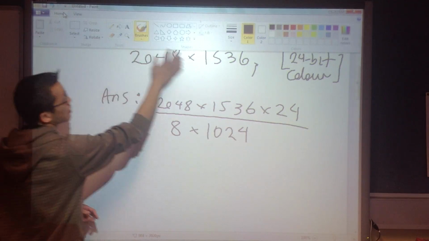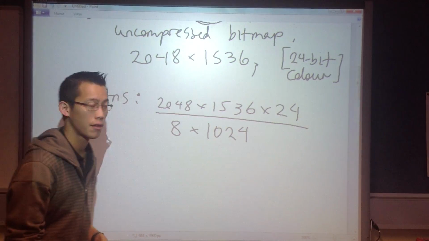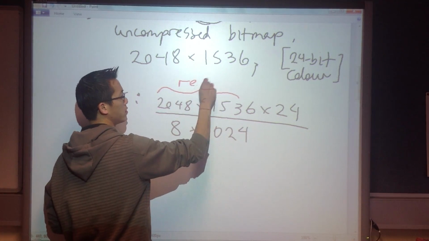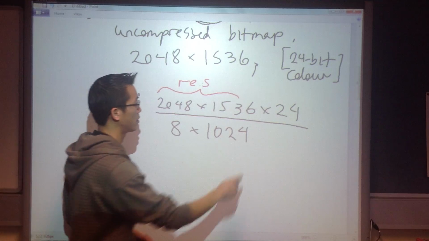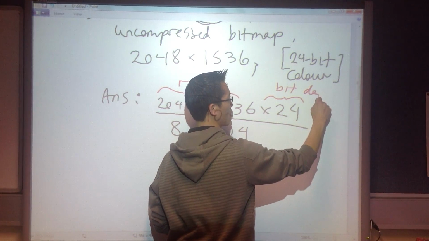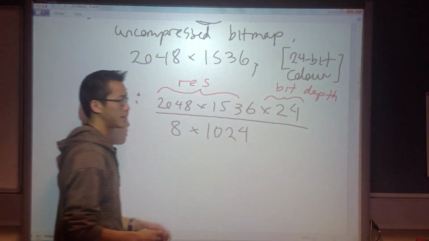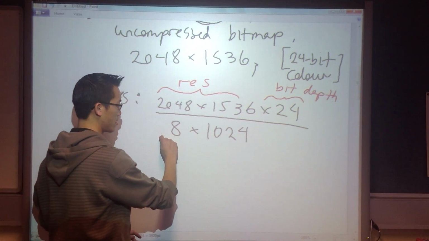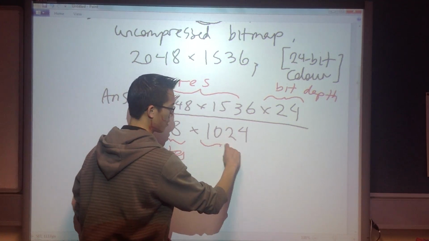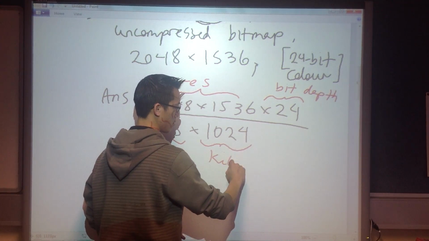So just to make sure you know what each component refers to: here's your resolution, the number of pixels. Here's your bit depth. Now since that's in bits, this converts into bytes, and this converts into kilobytes.